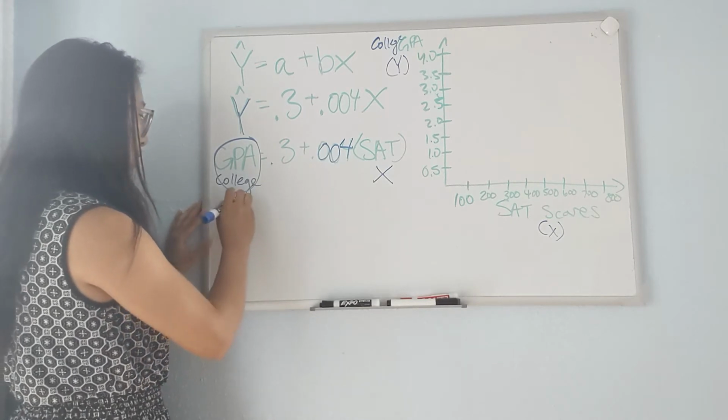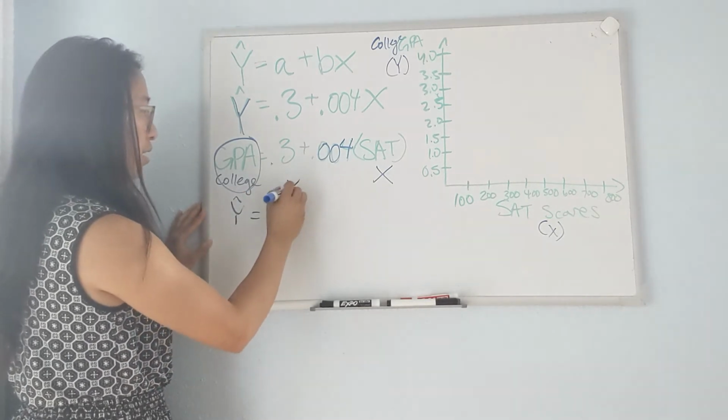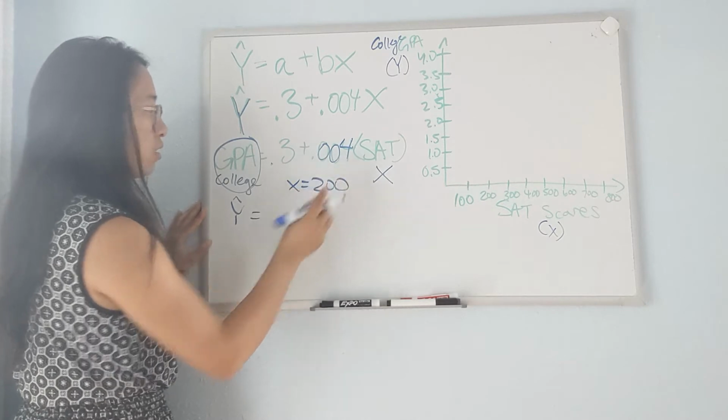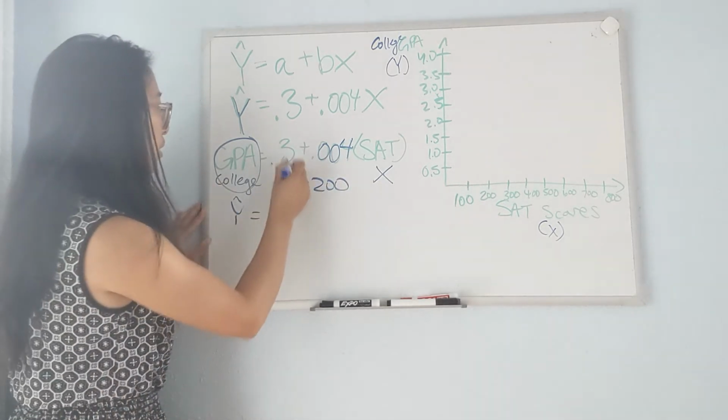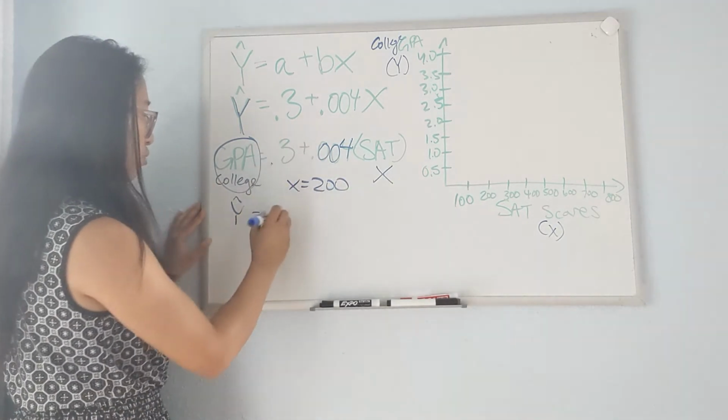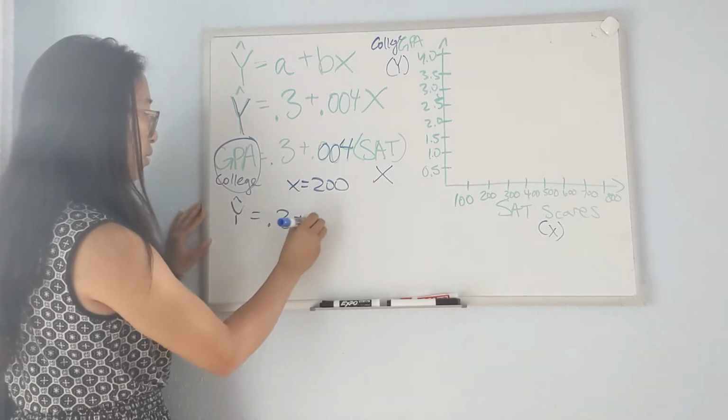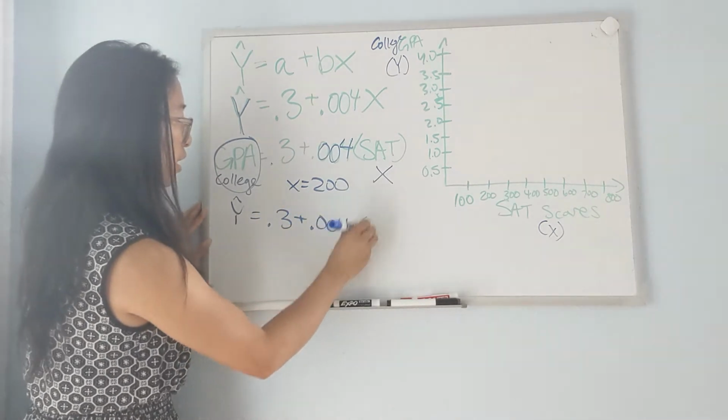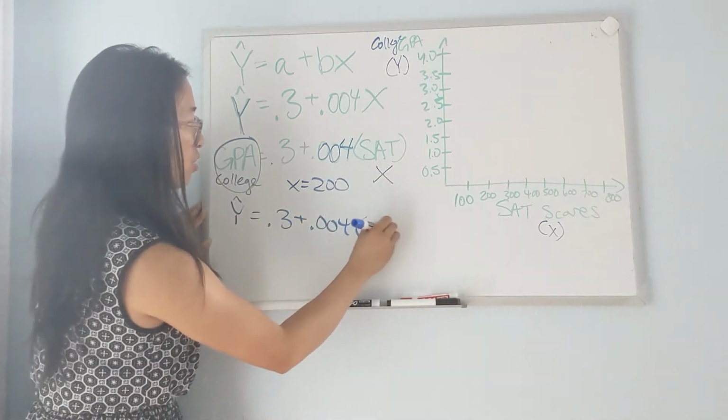I'm going to start off with x equal to 200 as a low SAT score. So y hat equals, I'm just rewriting the equation, 0.3 plus 0.004 times my SAT score, which is 200.